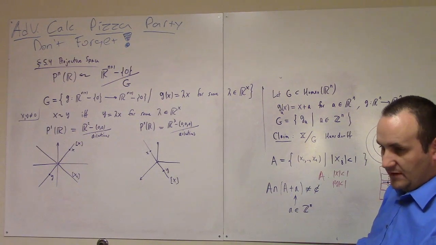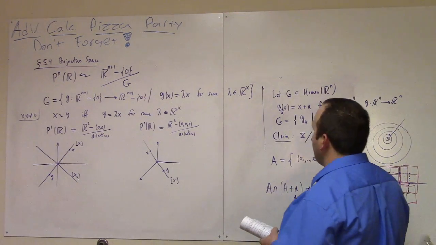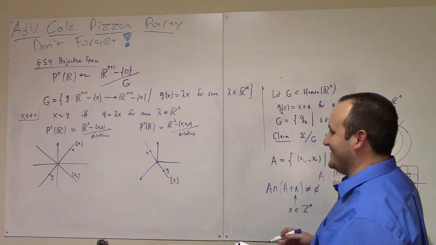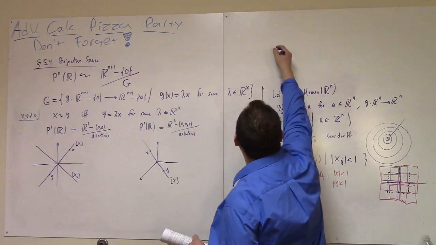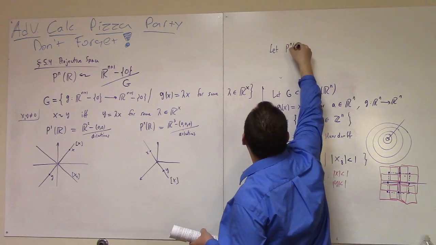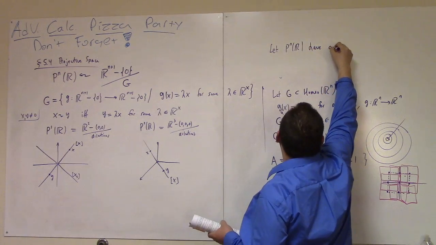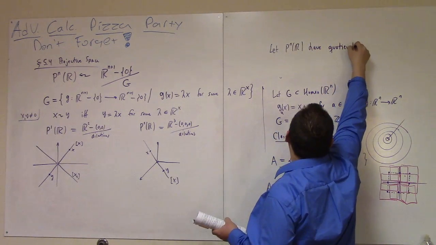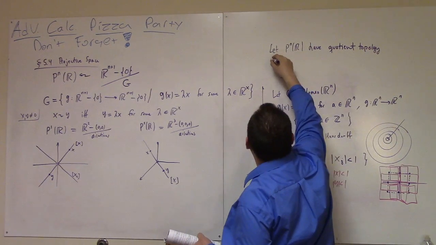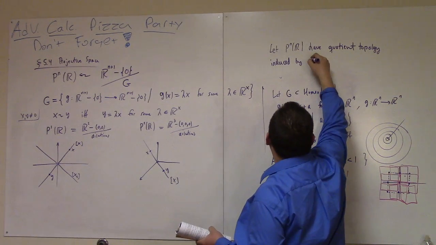So what's the topology we give to projective n space? Let P^n R have the quotient topology induced by its construction.